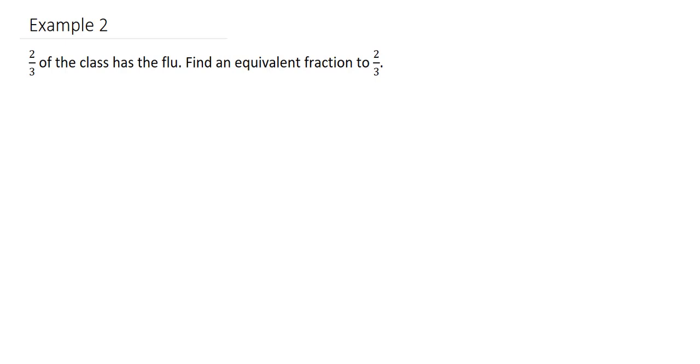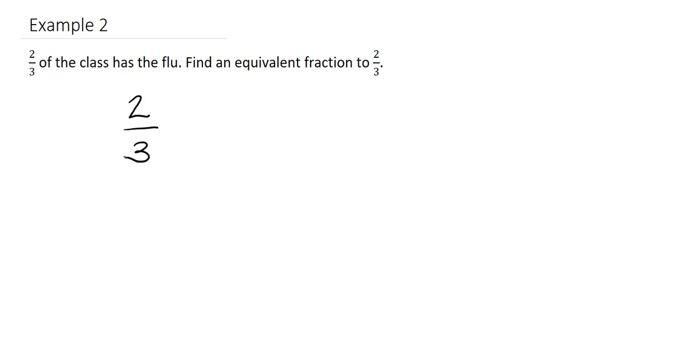Example 2. 2/3 of the class has the flu. Find an equivalent fraction to 2/3. So for this example, we're just looking for an equivalent fraction to 2/3. So in order to show that, we're first going to go ahead and write out the fraction.